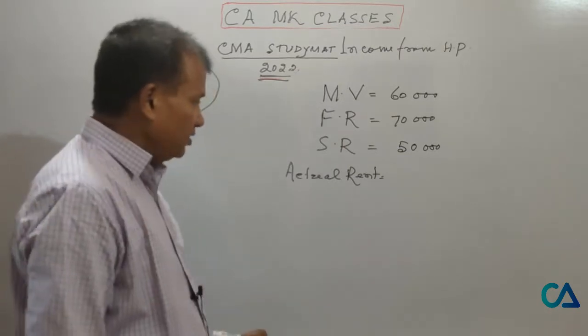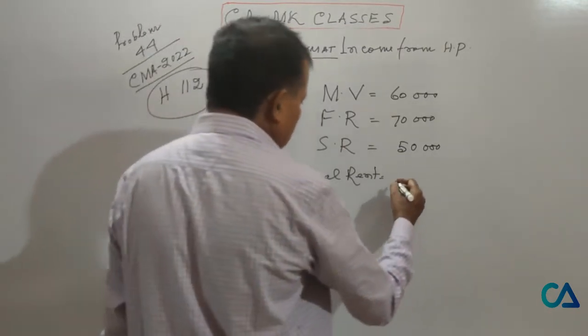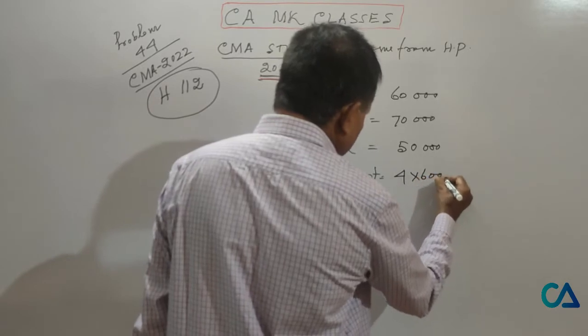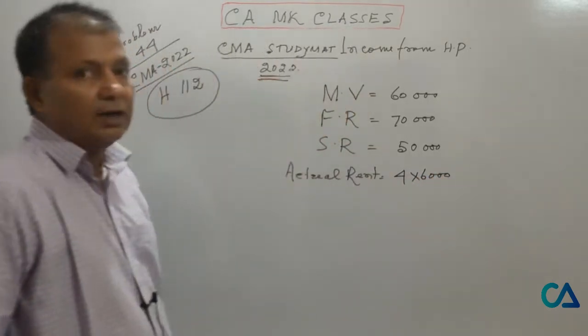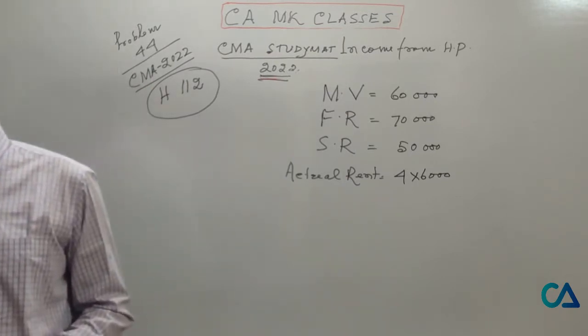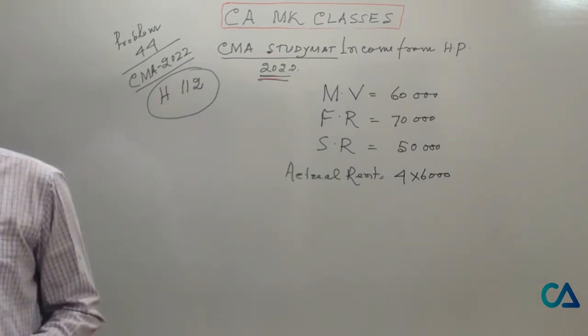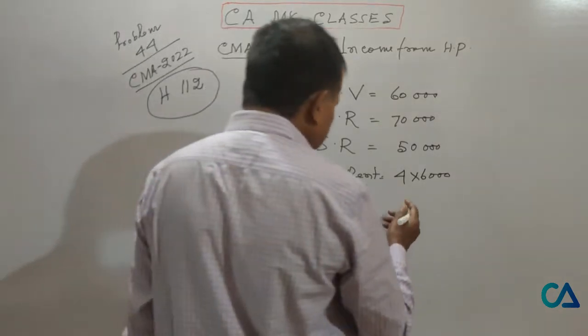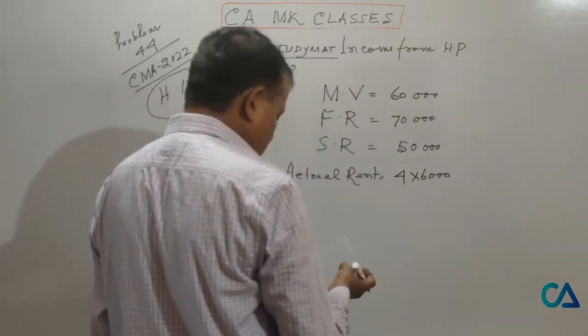So April, May, June, July, 4 months, 4 into 6,000. From October 1 to February 23, it is 8,500 per month.